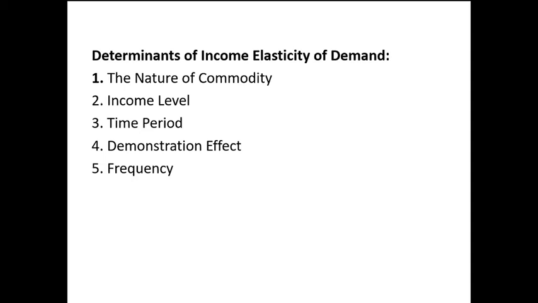Income elasticity is also determined by time period. In the long run, what is true today may not be the same. For example, five or six years ago an AC was a luxury good, but now an AC has become a necessary good. That is the time period as a determinant of income elasticity.